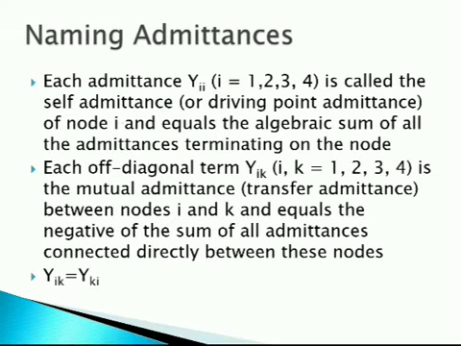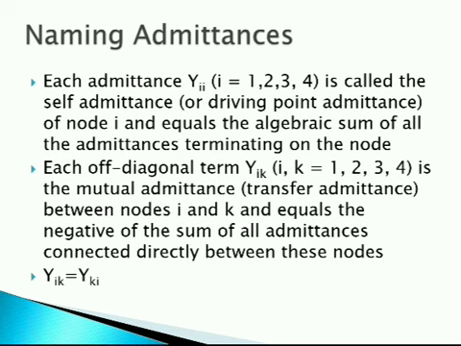Now, naming the admittances, in the admittance matrix we will come across two types of admittance. The admittance of the form capital Yii, where i can take any number from 1 to n, is called the self-admittance or driving point admittance of the node i and is equal to the algebraic sum of all admittances terminating on the node.